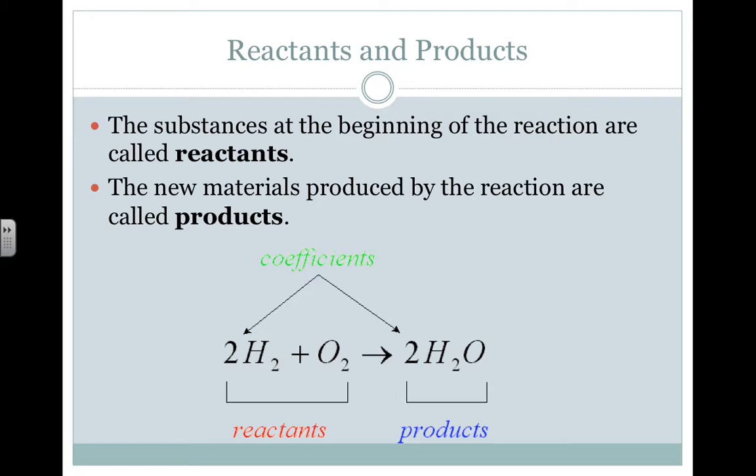We also have this word, coefficients, which is an important word as well. The coefficients are the numbers in front of the materials, the pure substances in this case. Reactants are at the beginning, and the end product is at the end of the equation.